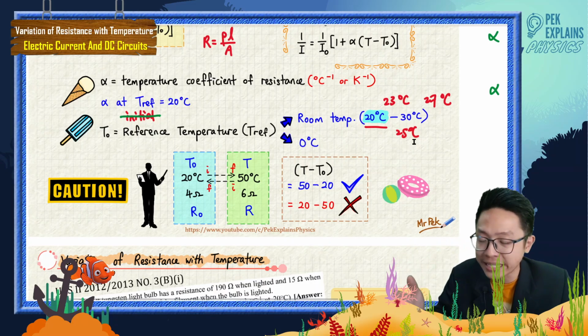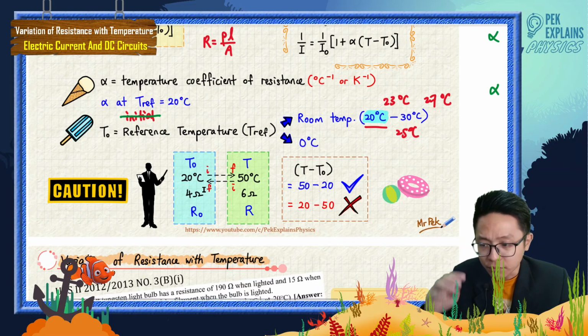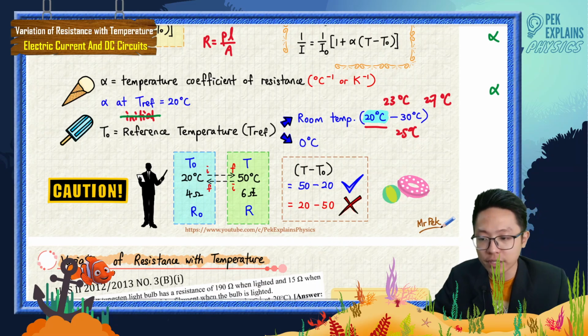As long as you see this value, 20 to 30 or 0, no matter whether it is the initial temperature or final temperature, automatically it is the reference temperature, T naught.